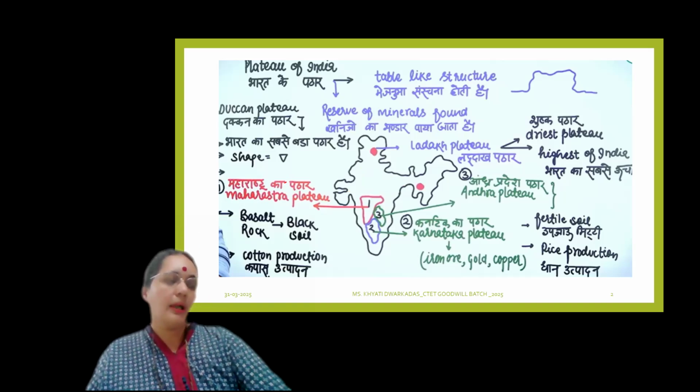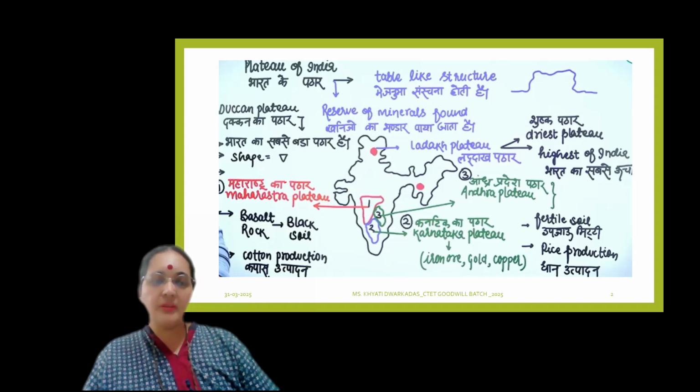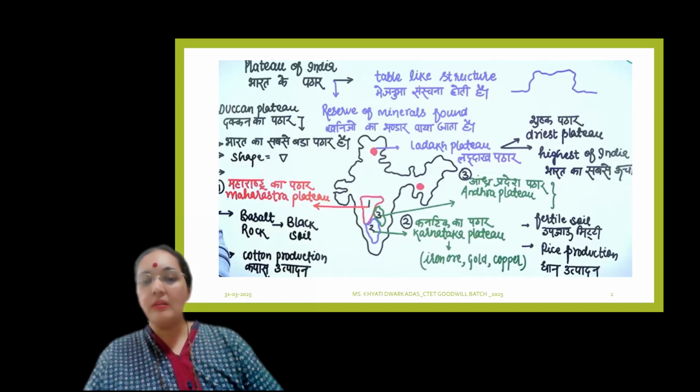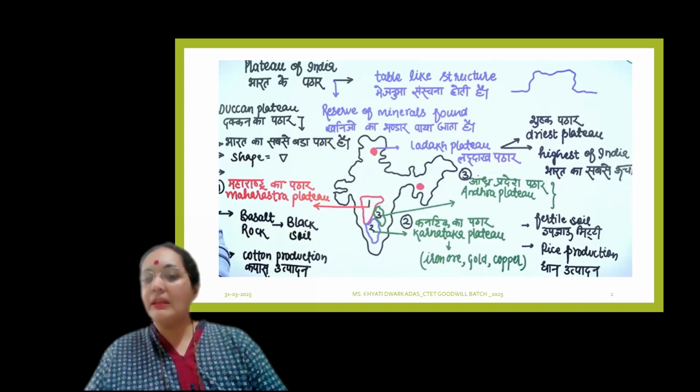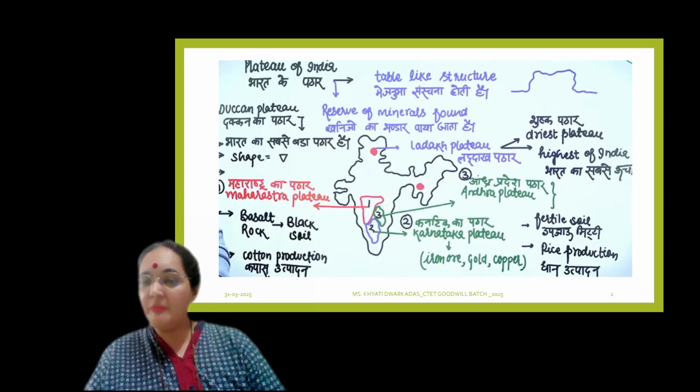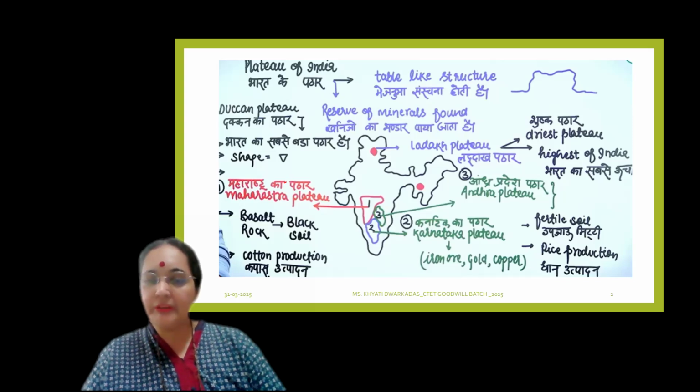Iron ore, gold, and copper production are famous in this Karnataka plateau. And the third plateau that you are seeing is the Andhra Pradesh plateau or the Andhra plateau, which is famous for its fertile soil and rice production. So, three important plateaus in the Peninsular Plateau.